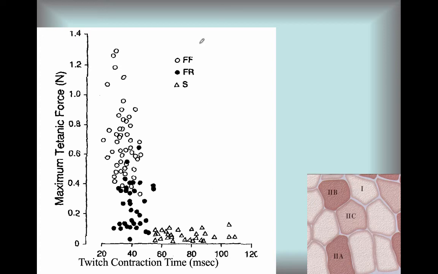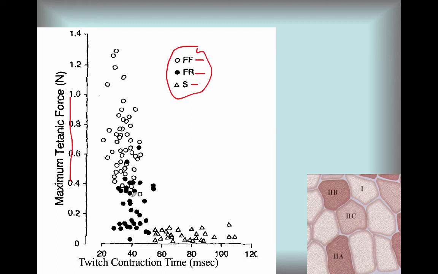Here you can see some data from a study done by some biomechanists. And so again, this would be the type 2X fibers, this would be the 2As, and those would be the type 1 fibers. We'll talk about maximum tetanic force in the next video, but this is the maximum amount of force we can get from a motor unit when we stimulate it really fast.